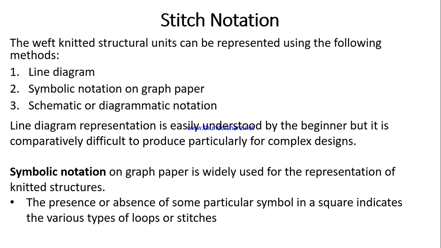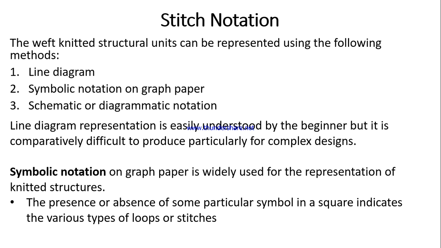The second one is the symbolic notation. On graph paper you can draw some symbols for presenting the structure of the knitted fabric. The third one is the schematic or diagrammatic notation. Those notations can also be used for presenting the knitted structure.